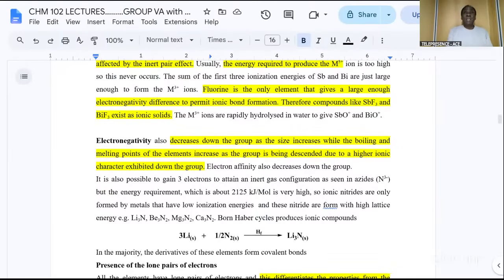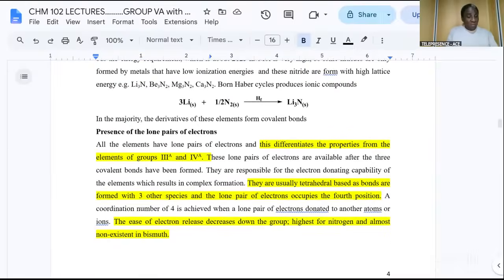That is why metals easily lose their electrons. When the size is large, the effect of the nuclear charge is not as pronounced, so they easily lose their electrons. An element that is ready to lose its electron will not have an affinity for electrons. That is why electron affinity will decrease.